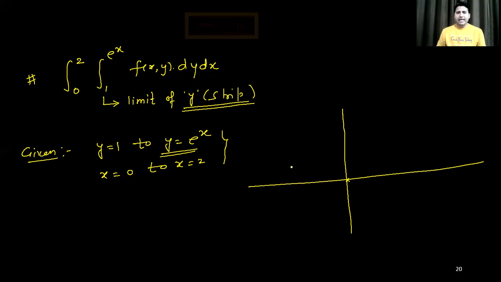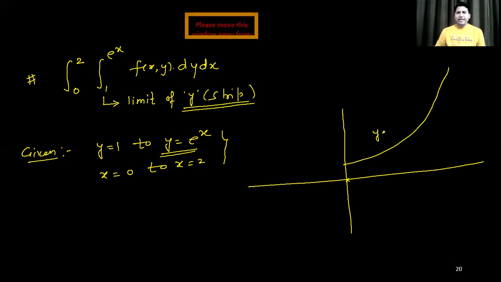At x equal to 0, it is 1 and it moves like this. I hope you know the graph of y equal to e power x. I'm not taking this part because x is 0 to 2. This is the line x equal to 0, and somewhere over here we have the line x equal to 2.